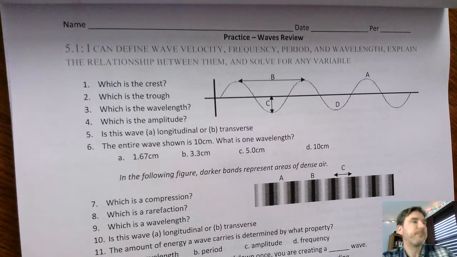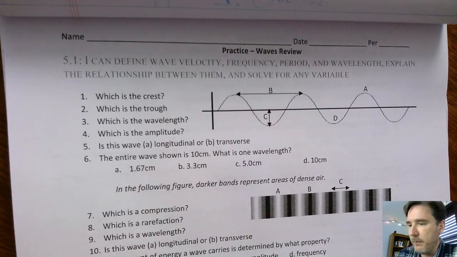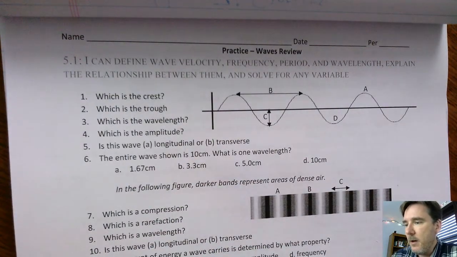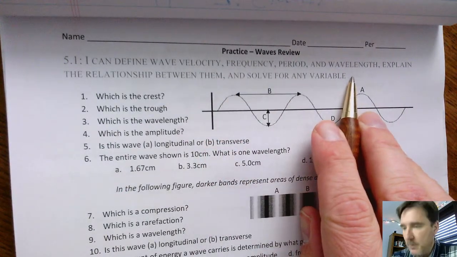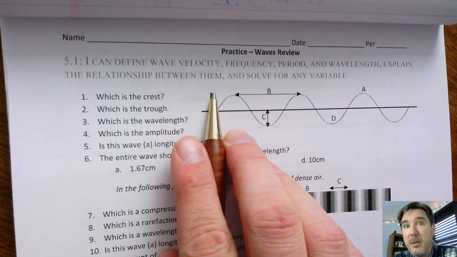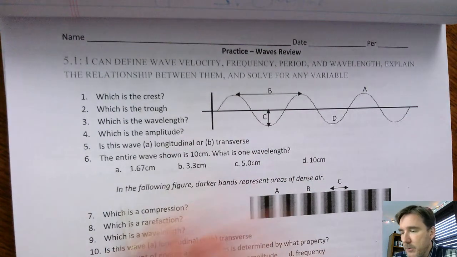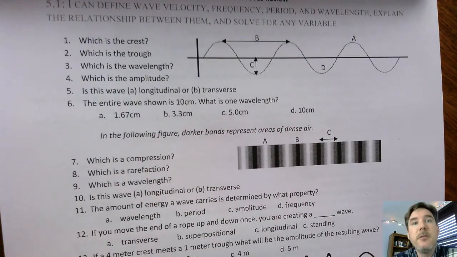So pretty much make sure that you can actually do these things. So if this says I can define wave velocity, frequency, period, and wavelength, explain the relationship between them, and solve for any variable, make sure you can do that. And so the questions in this first section of the review guide are trying to help you review for that.